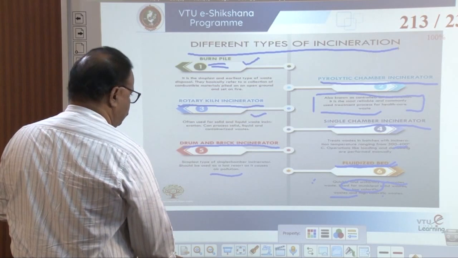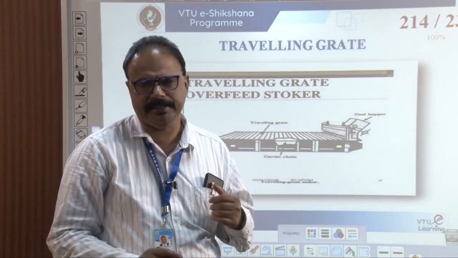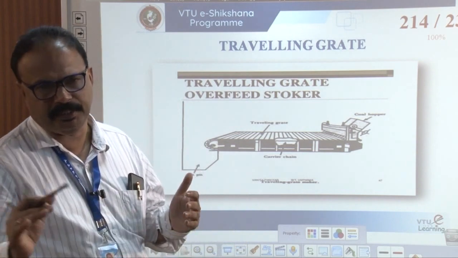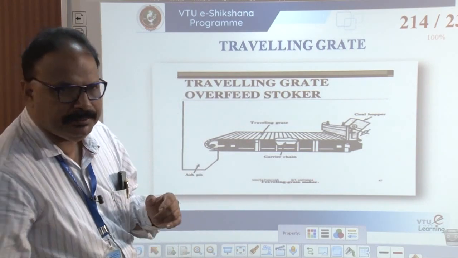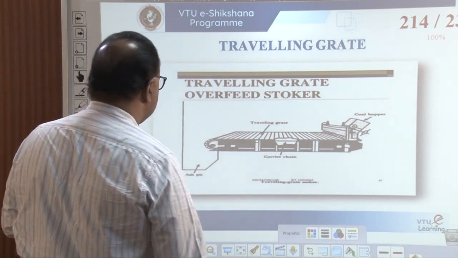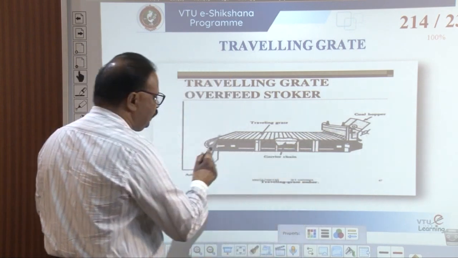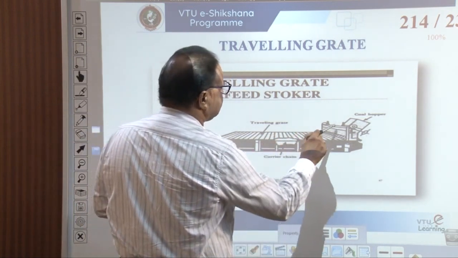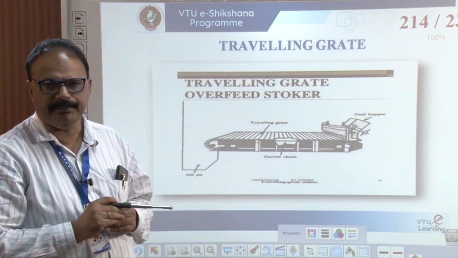Then we go to some of the incinerators we are using in our municipality. This one is the traveling grate, an overfeed stoker. This is the movement of the grate. Here burning takes place, and here waste is kept on the traveling grate.